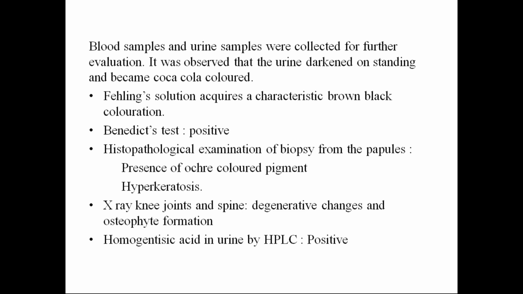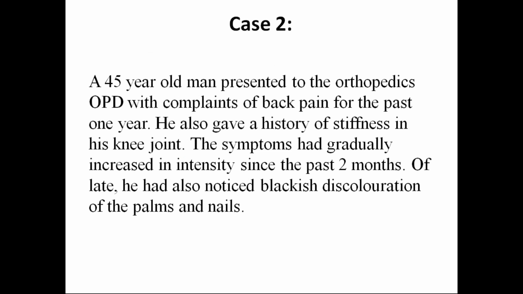So let's summarize this case. Back pain, stiffness in the knee joint, and blackish discoloration of the palms and the nails. This back pain and the stiffness of the knee joint can be due to the increase in age. It's a 45 year old, right?